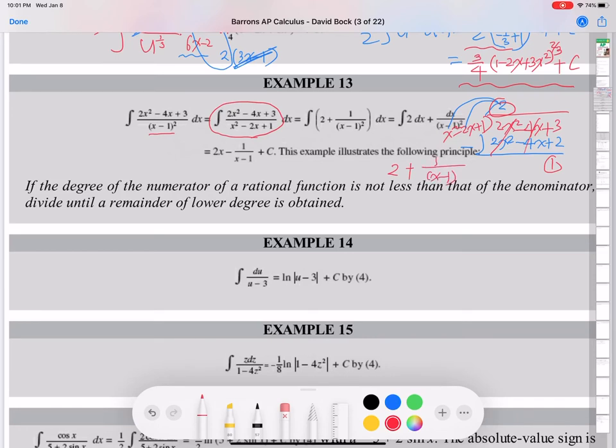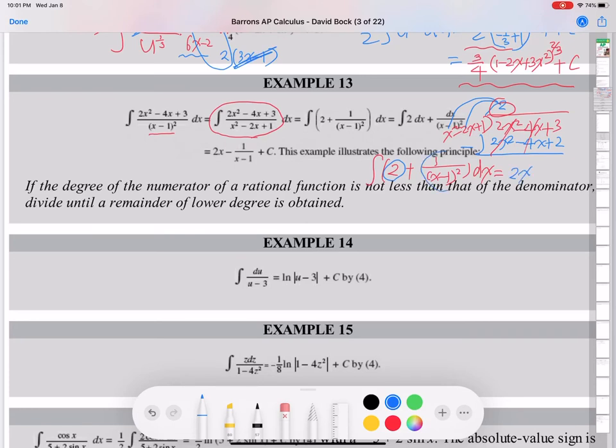whole thing squared. So we can find the integral of this function. It is much easier. How? The integral of any number c dx is cx, so it is 2x.